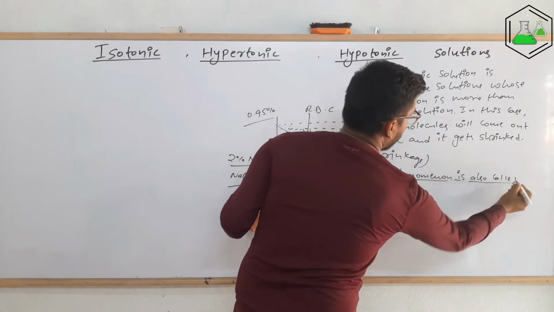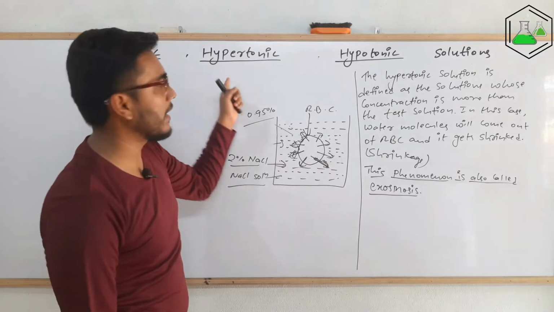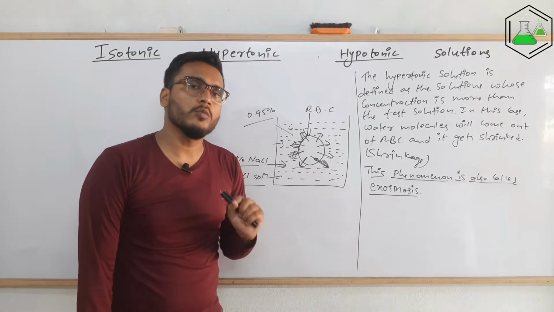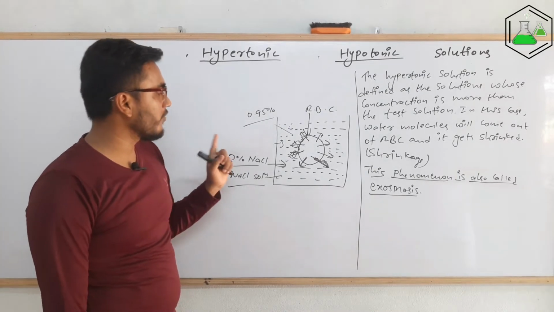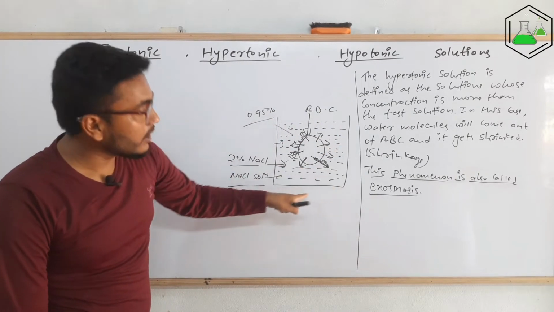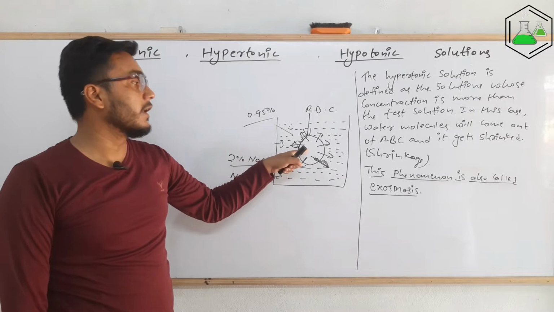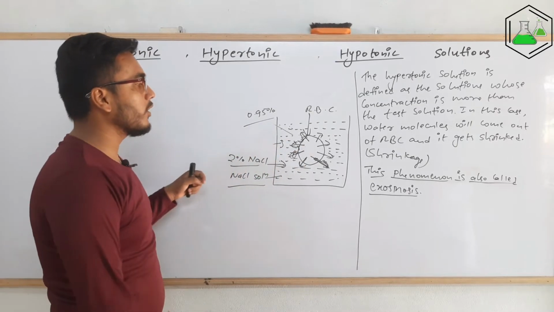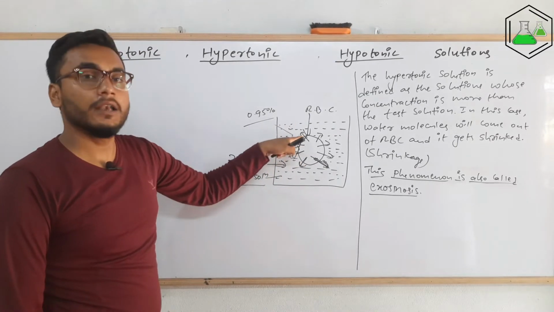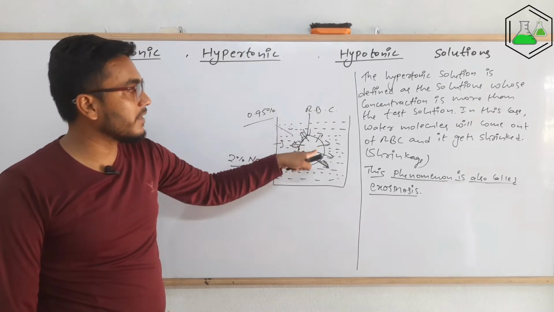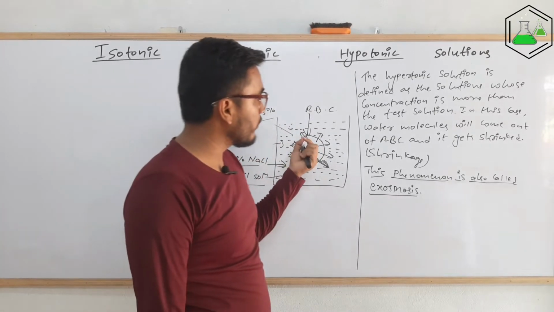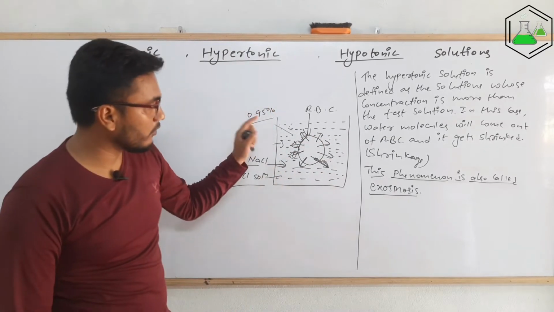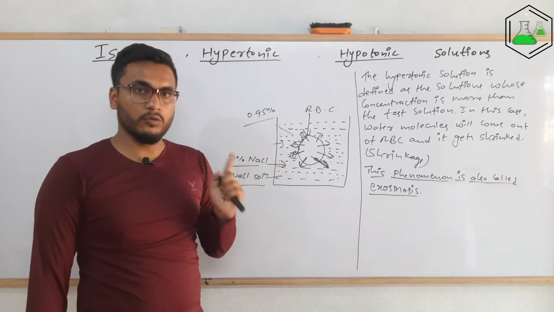So in examination, it might ask, what do you mean by hypertonic solution or exosmosis solution? So you need to be able to say this: if the concentration of the solution is more than the concentration of the test solution, then water molecules will come out of the test solution, that is this RBC, due to osmosis phenomenon, and as a result of that, this will shrink. This outside solution is called hypertonic solution.